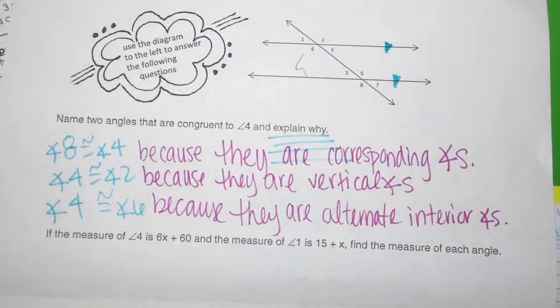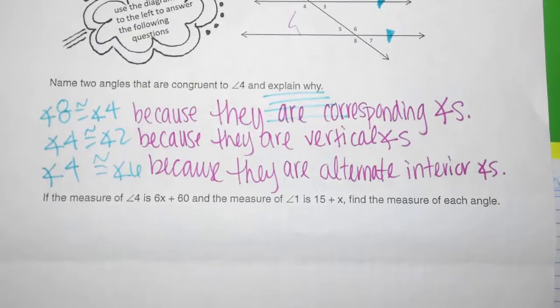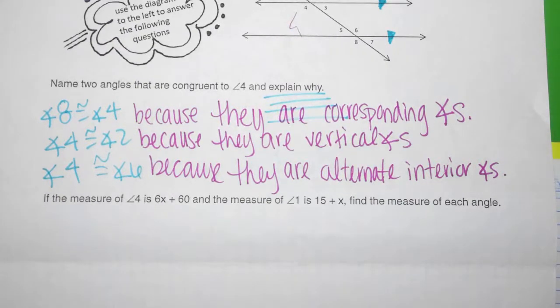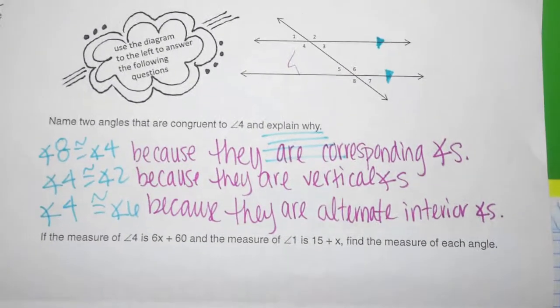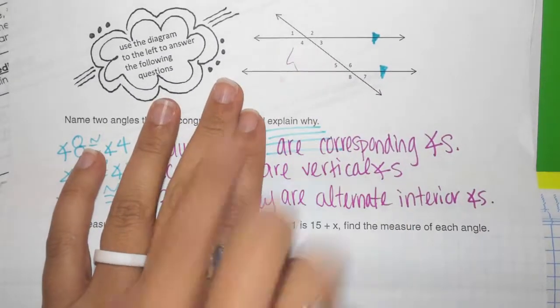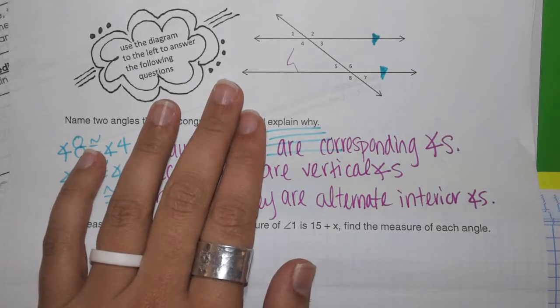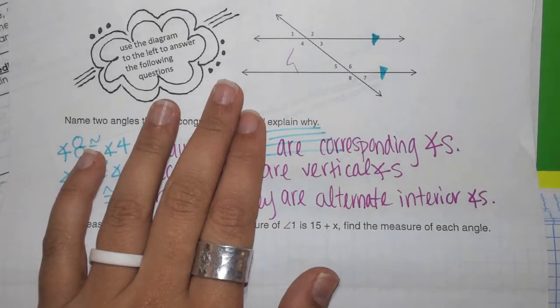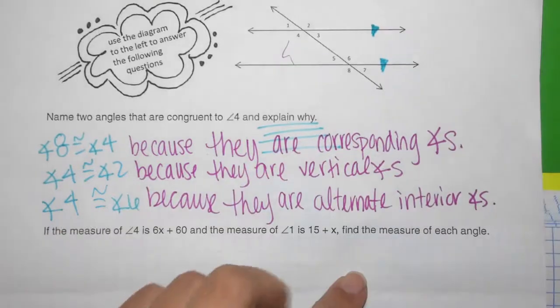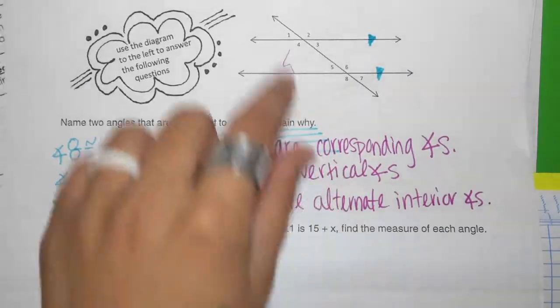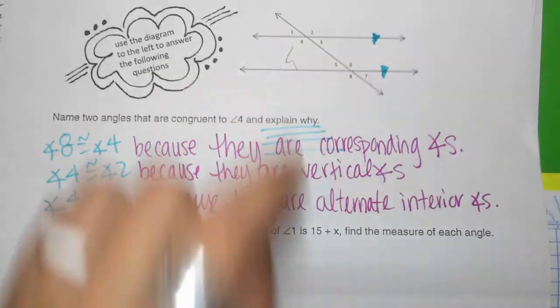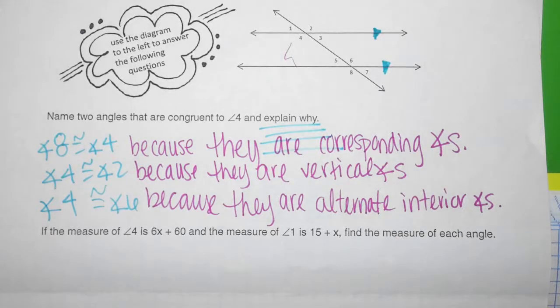Alright, let's look at the second part. The measure of angle 4 is 6x plus 60, and the measure of angle 1 is 15 plus x. What is the relationship between angle 1 and angle 4?